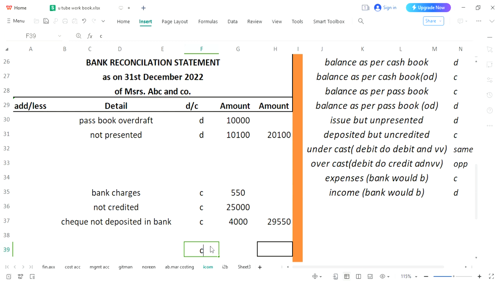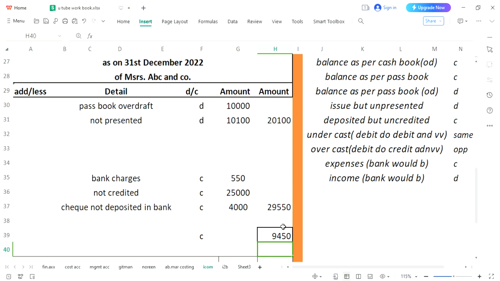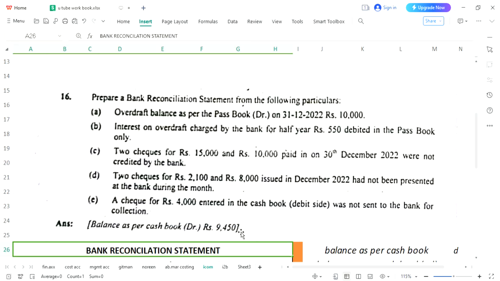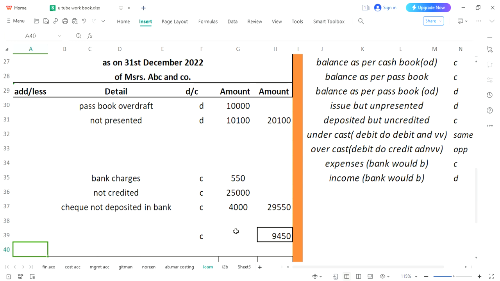We will put the sign of the larger sum. You will subtract the smaller sum from the larger sum. So the larger sum is 29,550 and you subtract the smaller sum, that is 20,100. So we have got our balance 9,450, and here is your answer, 9,450.